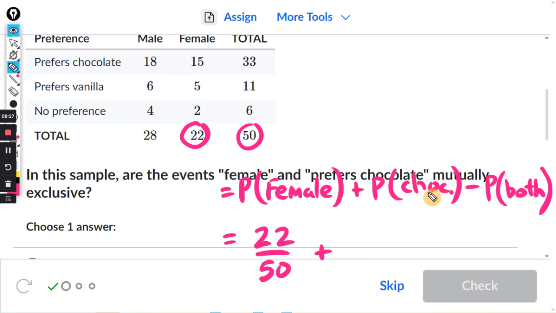What's the probability that the person likes chocolate? Here's prefers chocolate. You go to the totals, 33 out of 50 prefers chocolate. And then you subtract the overlap. How many overlap? Female, chocolate, 15 out of 50.